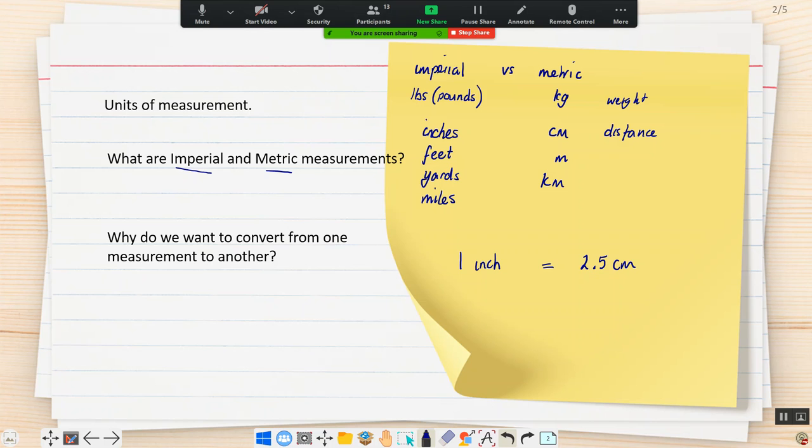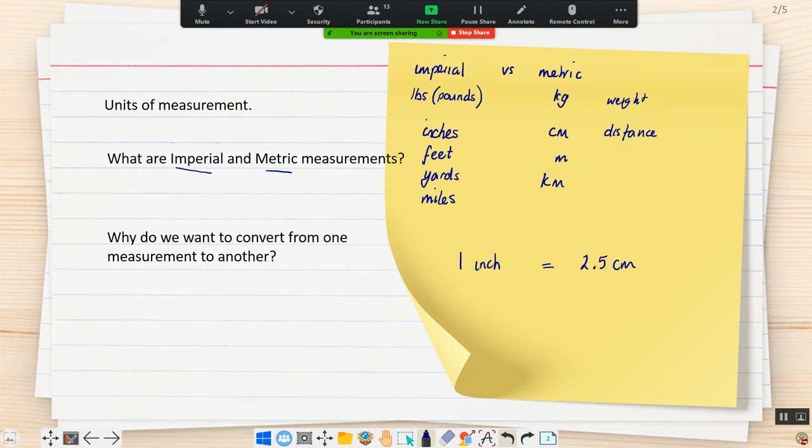Any ideas? How many centimeters are in an inch? Yeah, but why would you want to? I think it comes down to the fact that, like I asked you before, people work in different measurements.